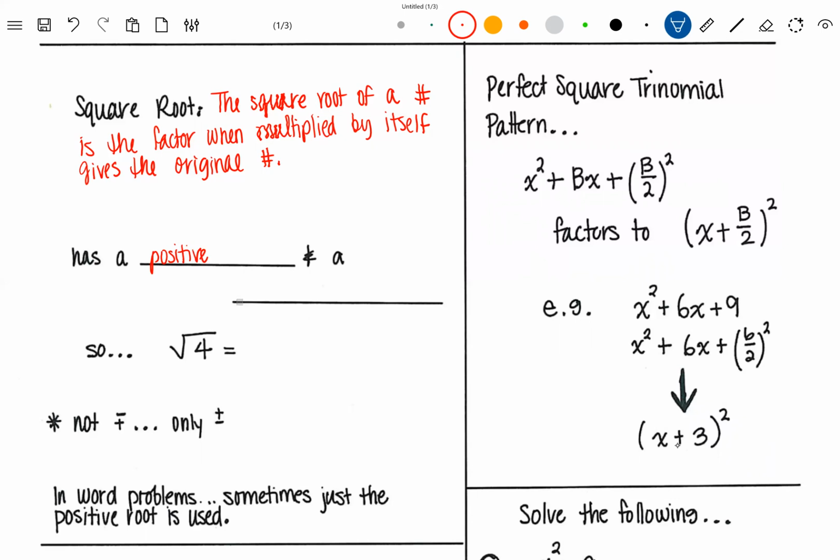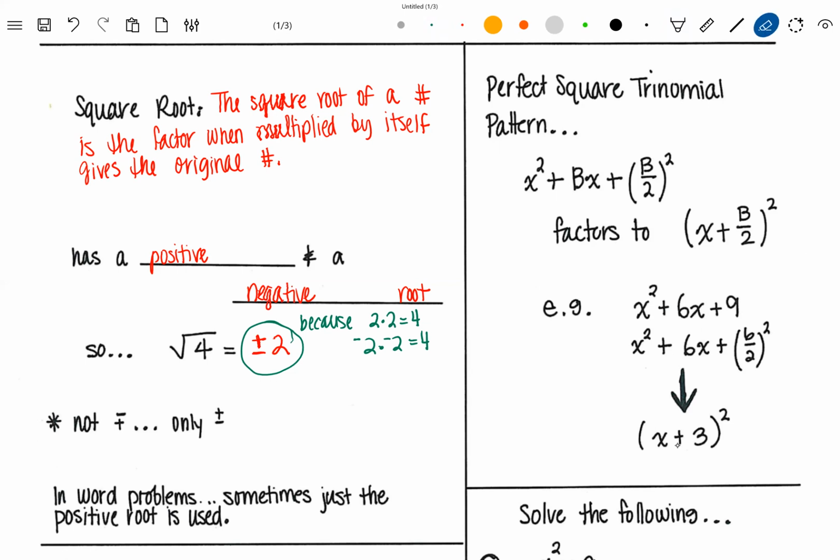So the square root of 4 is positive and negative 2, because positive 2 times positive 2 equals 4, but negative 2 times negative 2 also equals 4. So there are actually 2 roots for every number.